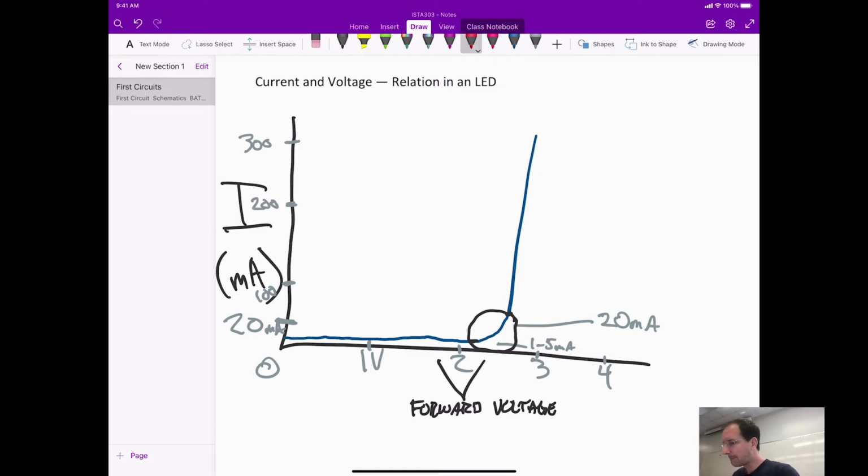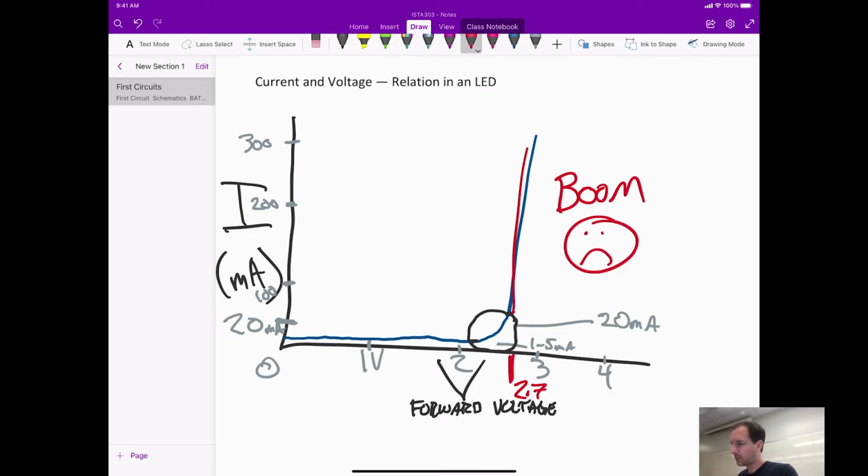If you give it more voltage than usually somewhere around here, and so in this particular theoretical LED, that would be around 2.7 volts, then it starts to rapidly use way more current than it can handle. And this is basically the boom case, where the part is just absorbing absolutely too much energy.